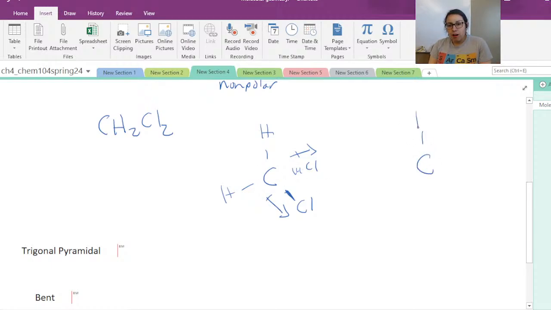Carbon difluoride dichloride would probably be more nonpolar, but there's also going to be some gray area if we were to get really into it. On an exam, I probably wouldn't ask you about this because that might create too much confusion between the fluorine-chlorine electronegativity difference. But I would consider this more nonpolar since they're similar. And then this one is most certainly polar.